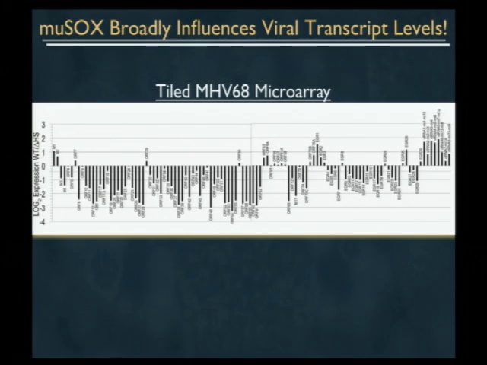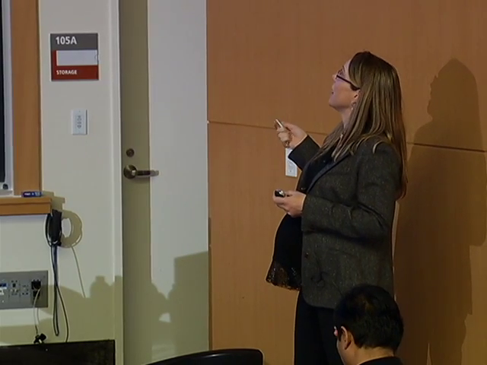So MuSOX broadly influences viral transcript accumulation as well as host transcript accumulation. There are some things that escape. It turns out a lot of these look to be non-coding RNAs or RNAs that are transcribed from intergenic regions. This would make sense if we think that RNAs have to be translationally competent to be targeted.